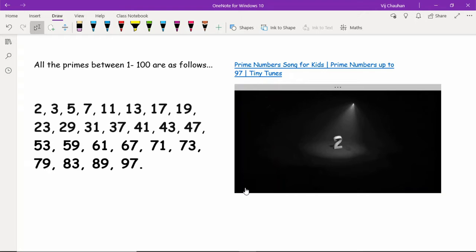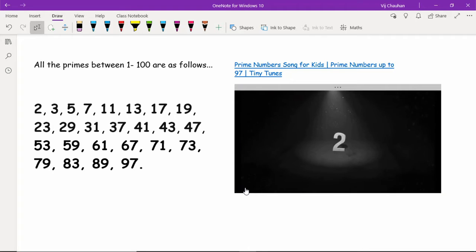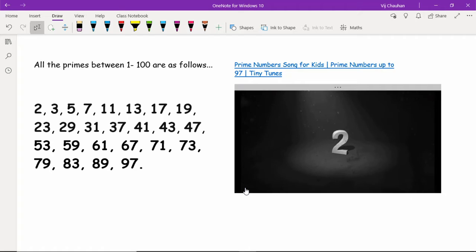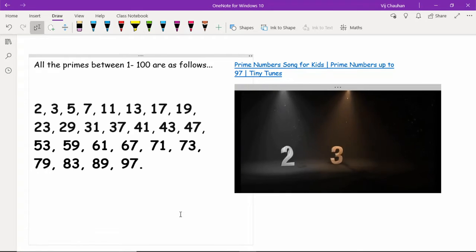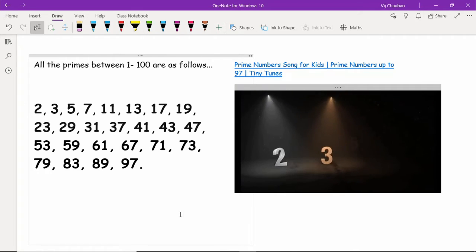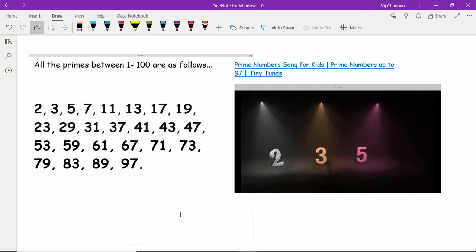All along, I'm a prime number, sat here on my own. Look at me, I'm a prime number, divisible by 1 and me. I'm a 2, I'm a 3, I'm a 5 and a 7.